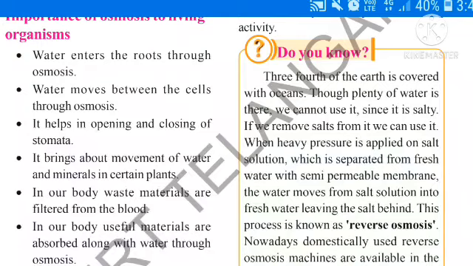Remember, diffusion means movement of gases from high concentration to low concentration. There is no membrane. Osmosis means passage of water from a region of high concentration to a region of lower concentration through a semi-permeable membrane.